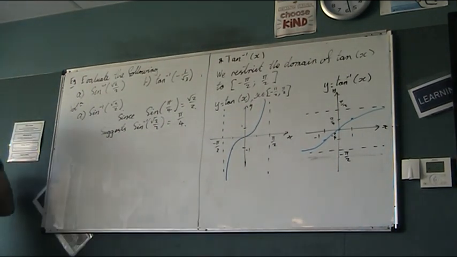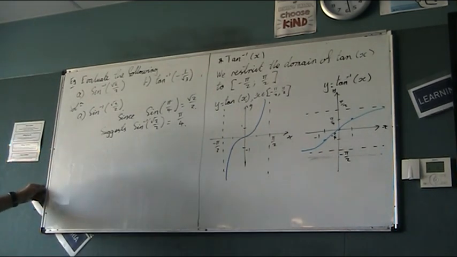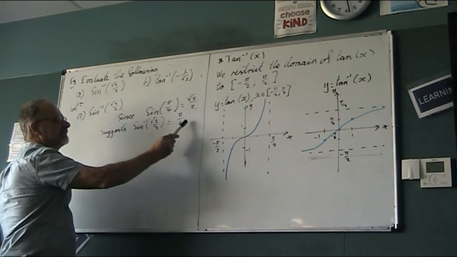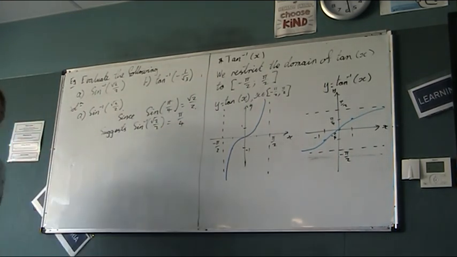Now, seeing as these things we're talking about are functions, what we then need to check is that this angle bit that we've got, this pi on 4 bit, actually fits into the domain we're looking at.